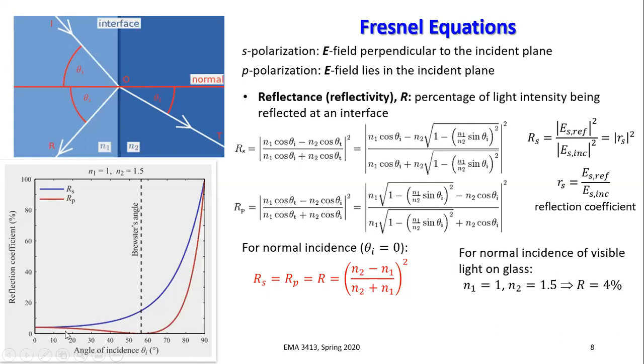a function of the incident angle, you see that for the S wave, remember the S wave is a wave with the polarization perpendicular to this plane. Okay, so it's going in and out. The E field is going in and out. Okay, and in that case, you see the refractance just monotonically increases with the incident angle, and eventually it'll reach 100% when the incident angle is 90 degrees.